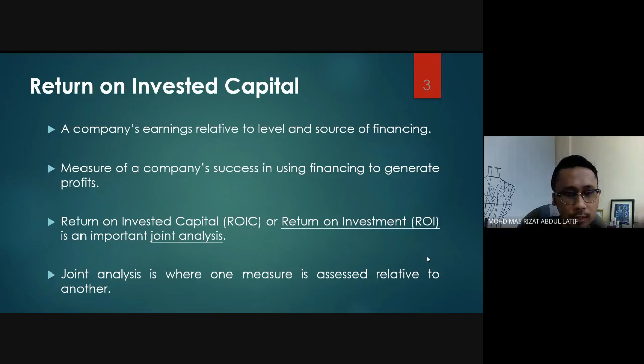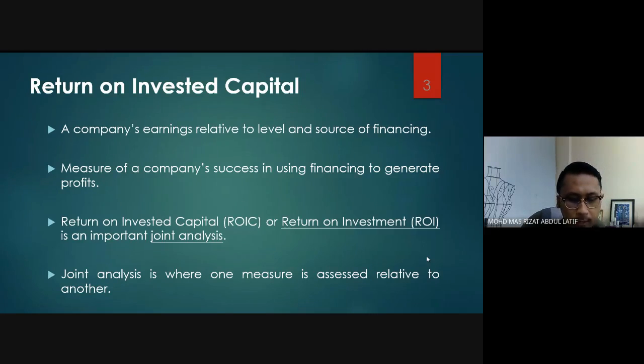Meaning the whole thing. If we look at revenue, it focuses on revenue only. Profit, in terms of profit only, or asset, in terms of asset utilization only. But we want to look at it as a whole. So they will focus on return on invested capital.